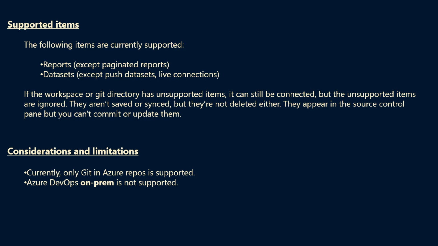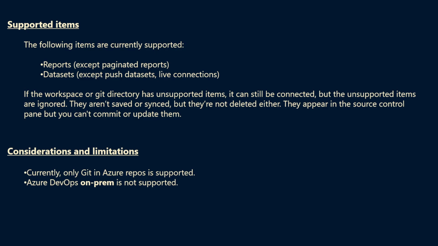But for the time being these are not supported. In future they may support them, but for the time being not. In a similar way, a couple of kinds of datasets, I mean push datasets or live connected datasets, are also unsupported items for the Git integration feature.